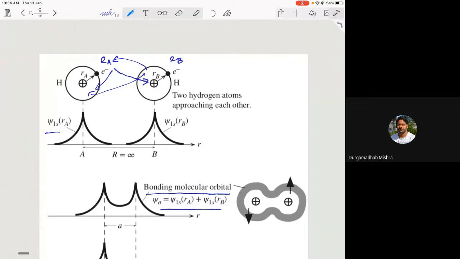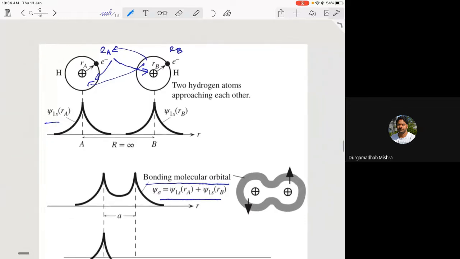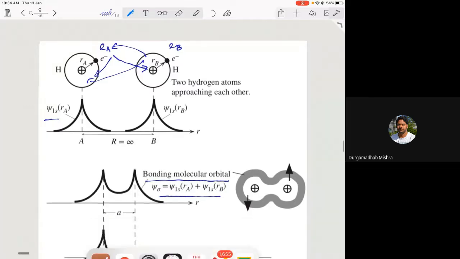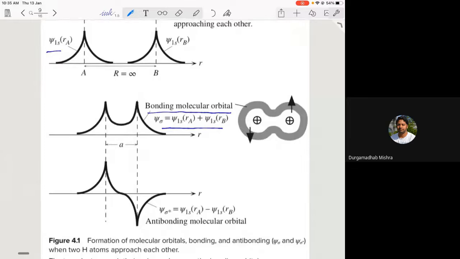So you will have extra electrostatic interaction between these electrons, and due to that you will have the formation of two different orbitals. Instead of individual atomic orbitals, you will have two molecular orbitals: one will be the sum of the atomic orbitals, and the other the difference of the atomic orbitals.